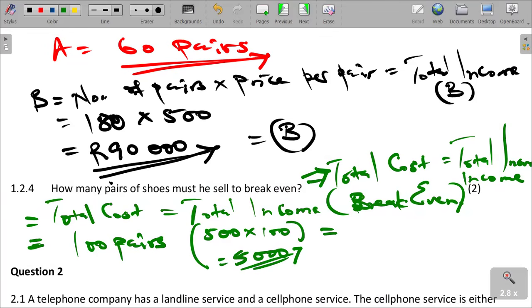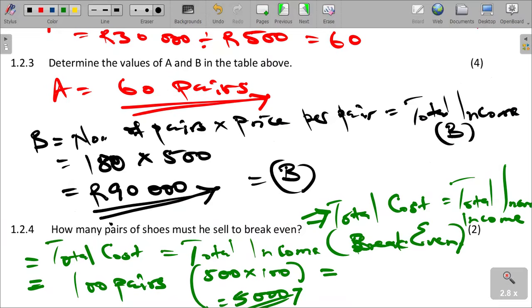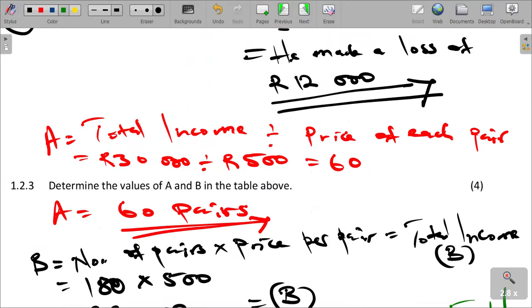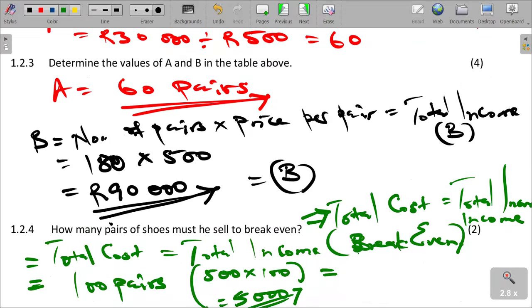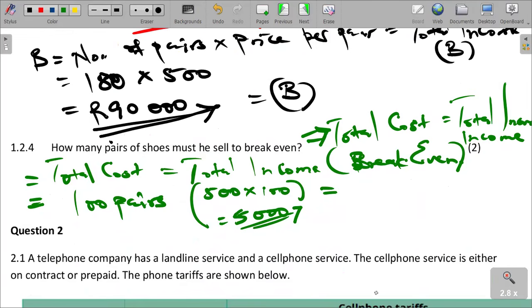income. So in terms of the cost, 5,000 income, that is our income, and then our cost at 100 pairs can also be calculated.